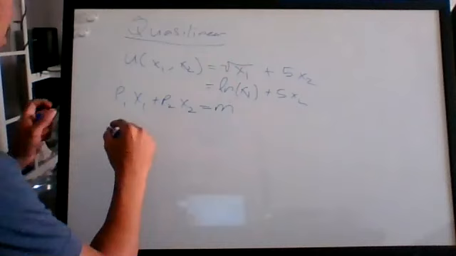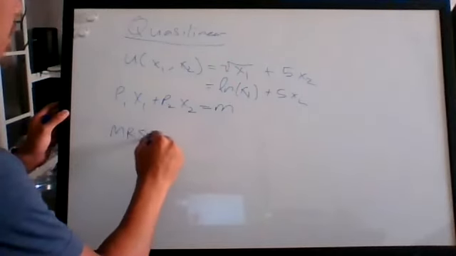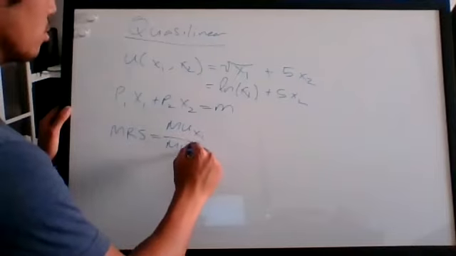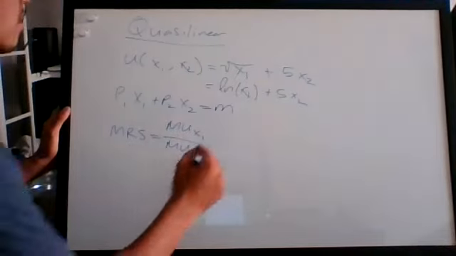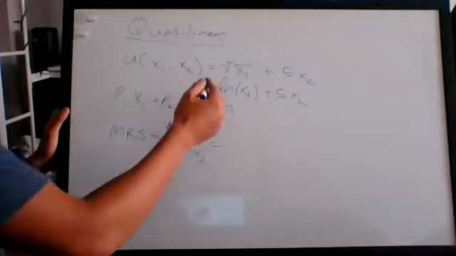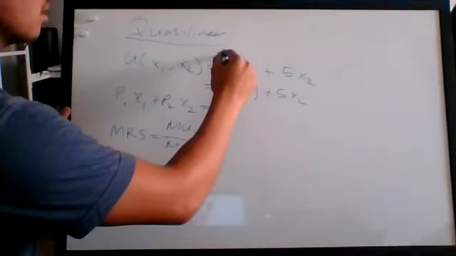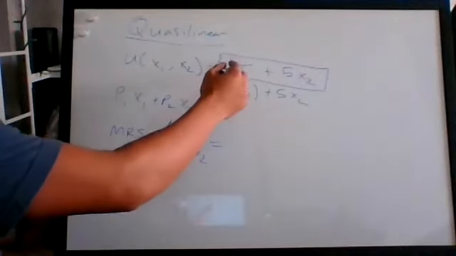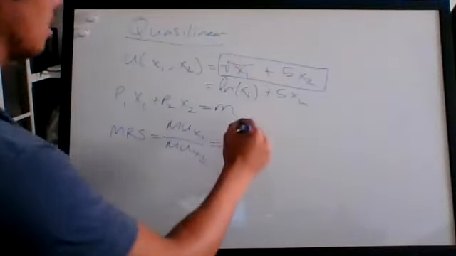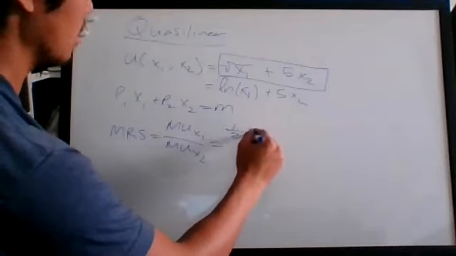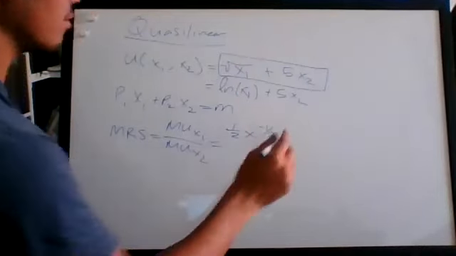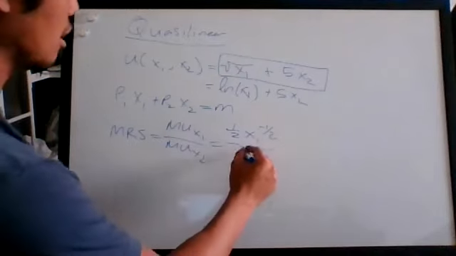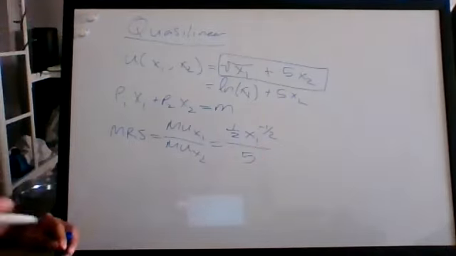And the MRS of it is going to be equal to the marginal utility of good 1 over the marginal utility of good 2, right? So let's use this one. So the marginal utility of good 1 is going to be 1/2 x1 to the negative 1/2, over the marginal utility of good 2, which is just going to be equal to 5, right?